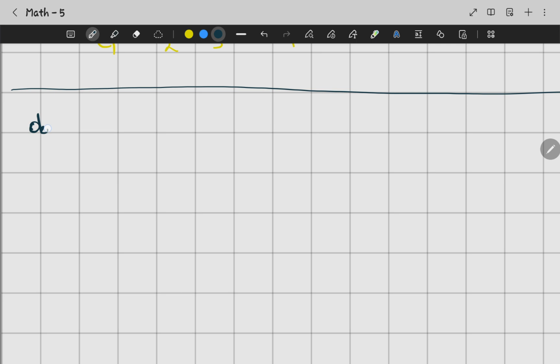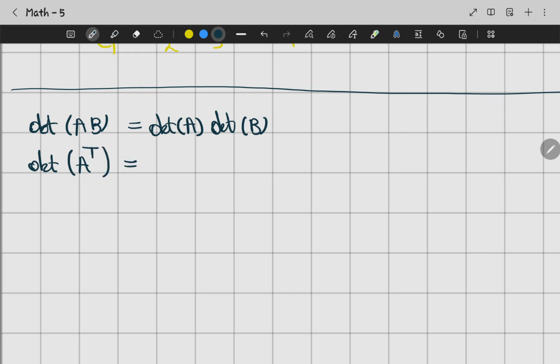And we already know that the determinant of A times B matrices is equal to the determinant of A times the determinant of B. We already know this formula. And then the determinant of A transpose will be equal to the determinant of A. We know these two formulas, and there's one more.